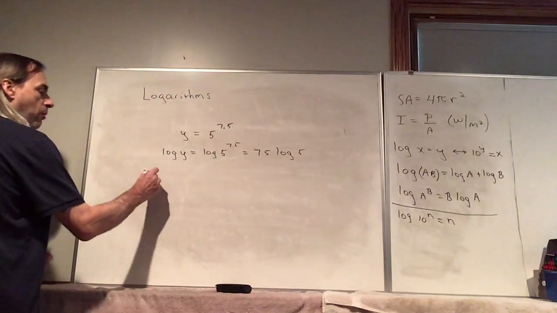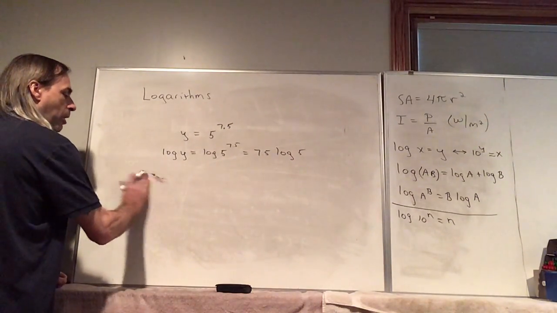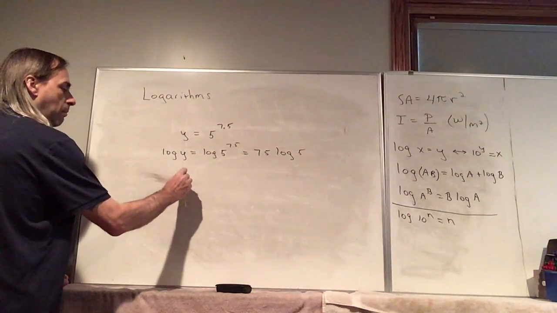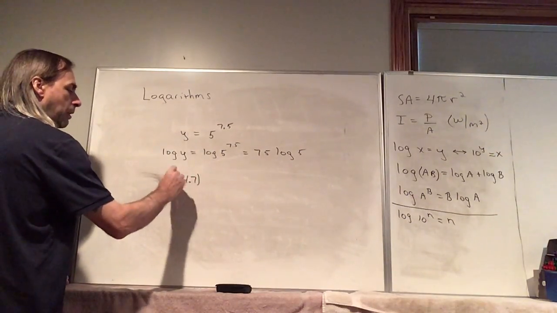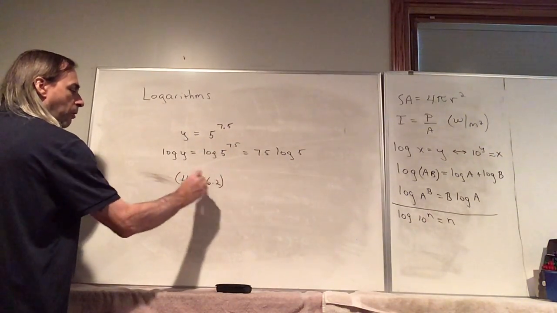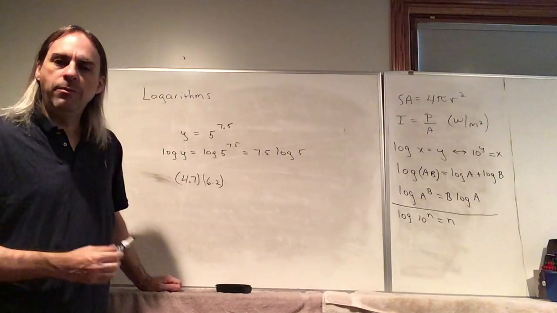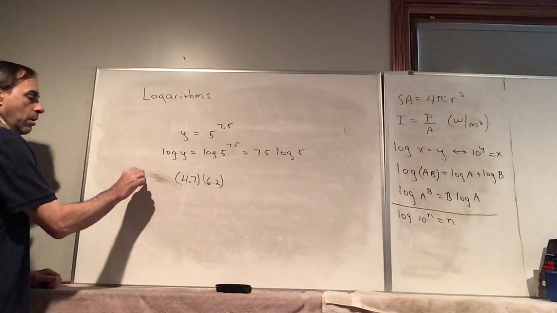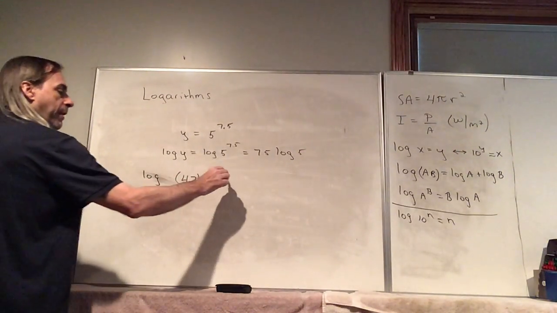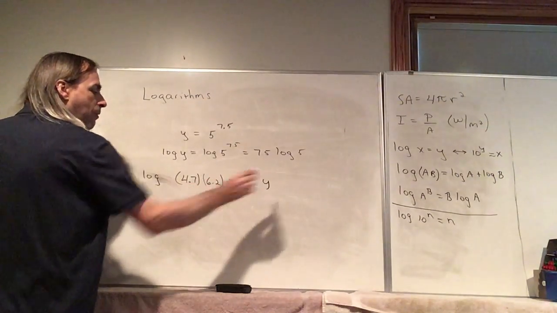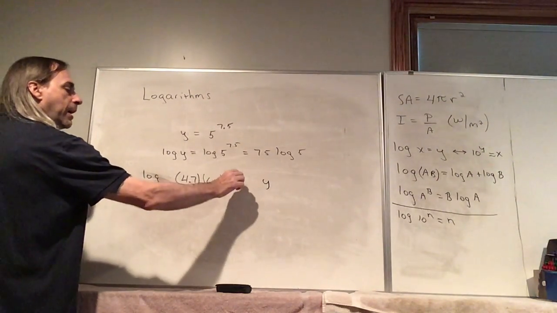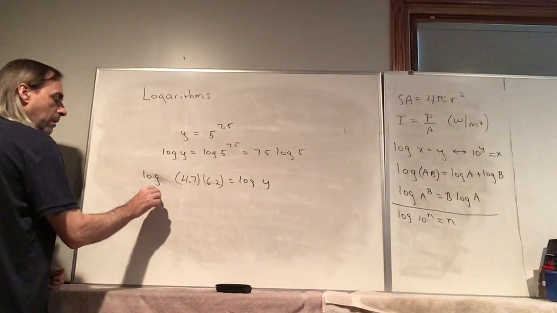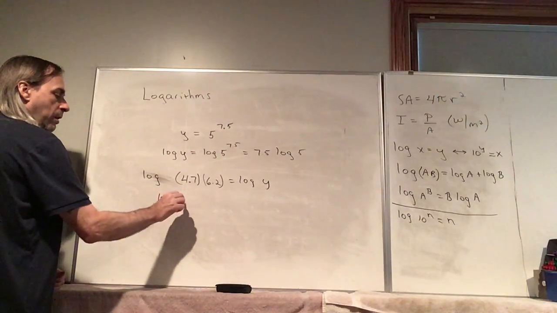Similarly, let's say we want to know 4.7 times 6.2. Not very complicated, we could just do that. But if we take the logarithm of that, let's say that was equal to y. If we take the logarithm of both sides, we can turn this into a problem of addition.